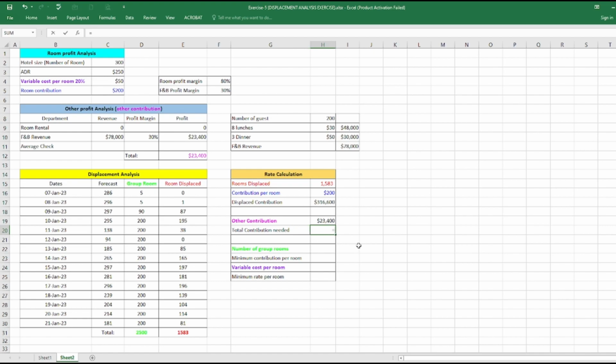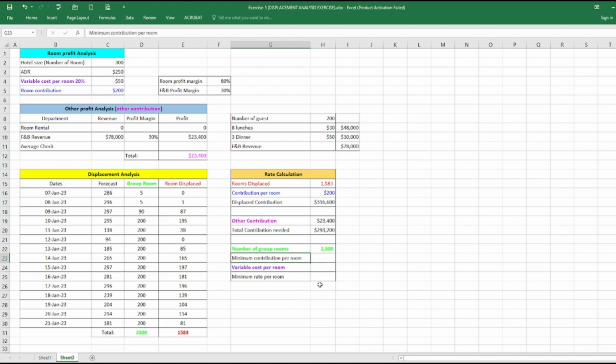So total contribution needed: we take the displacement contribution minus other contribution, so 293,000. Number of group rooms is 2,500.